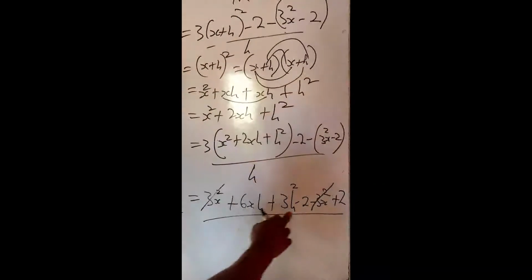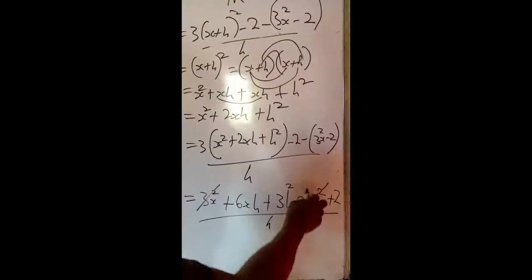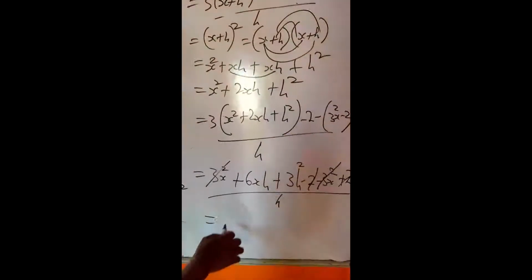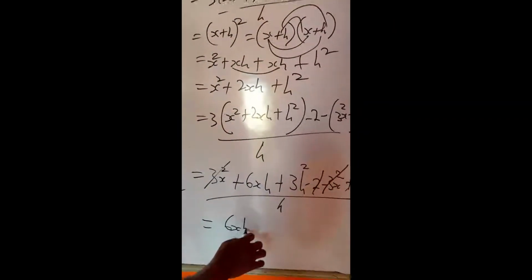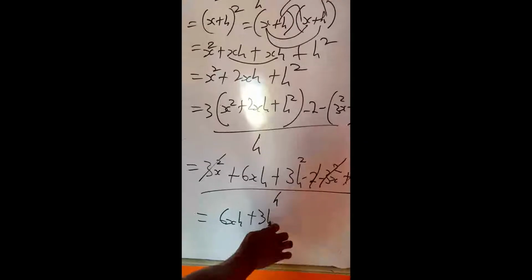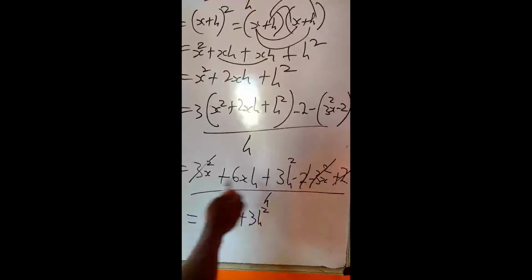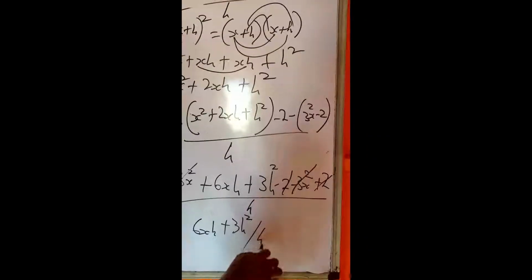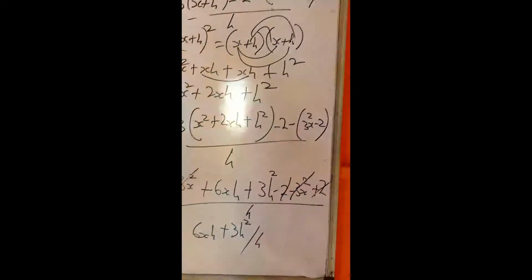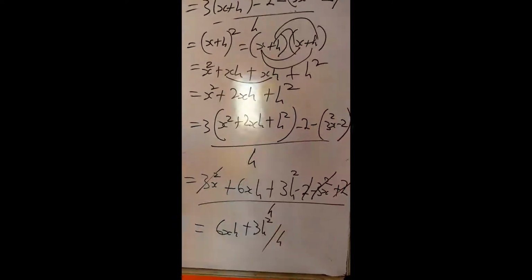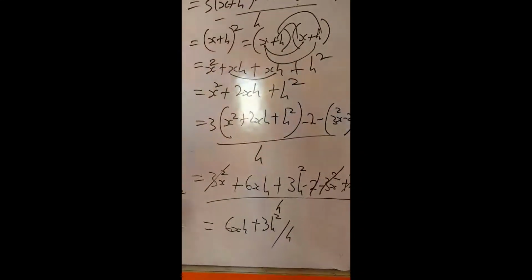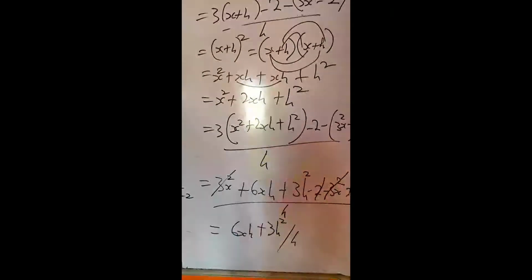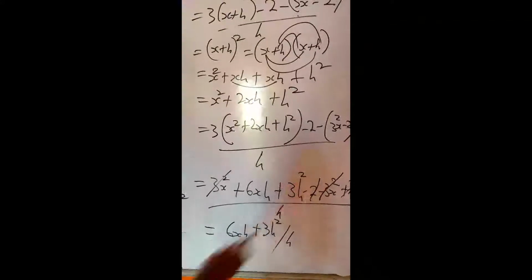Then if you look at it again, minus 2 plus 2 will also cancel out. So what you are now having is 6xh plus 3h squared. Do you have any other thing? No. All over what? h. So what you are having there now is 6xh plus 3h squared all over h.